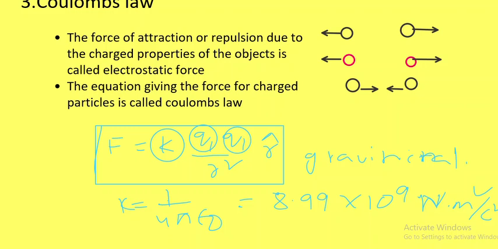And here epsilon naught is called the permittivity constant, which sometimes appears separately in equations, and its value is equal to 8.85 into 10 to the power minus 12 coulomb square per Newton meter square.